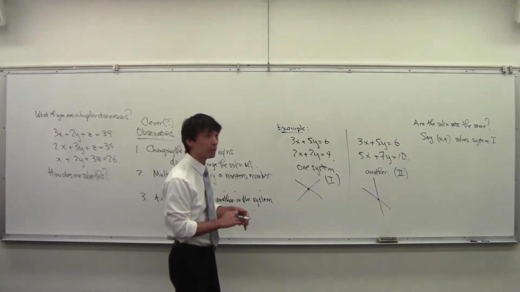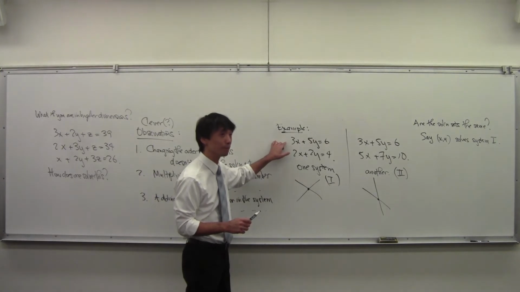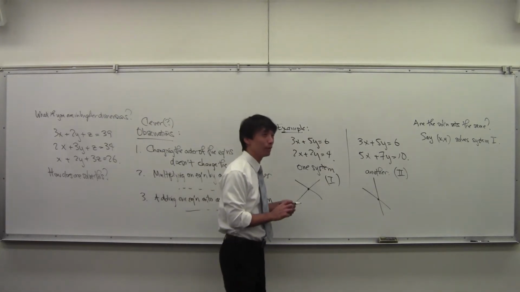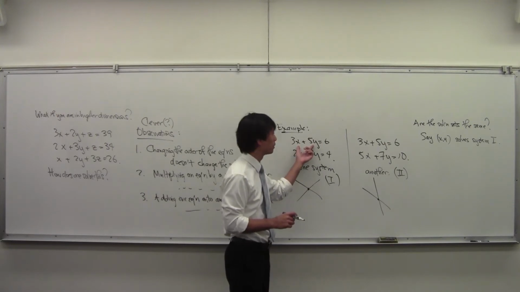If you find values that satisfy that, it's just going to be 6 equals 6, right? If you have the proper values of x and y when you plug in those numbers. So if you add 6 equals 6 to the other equation, it's still going to be a true equation.